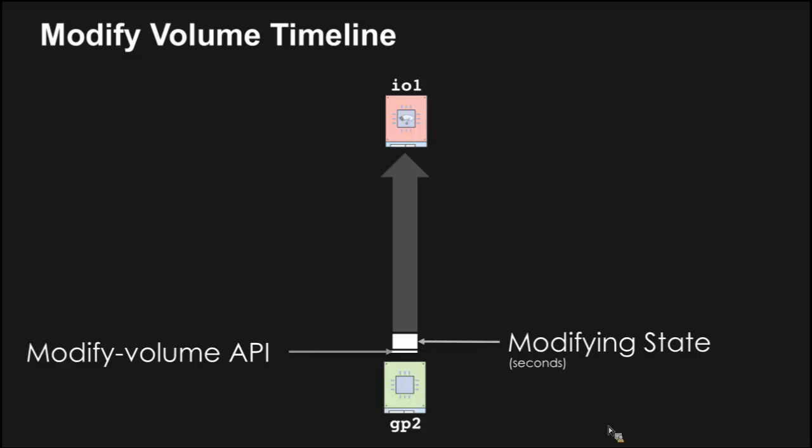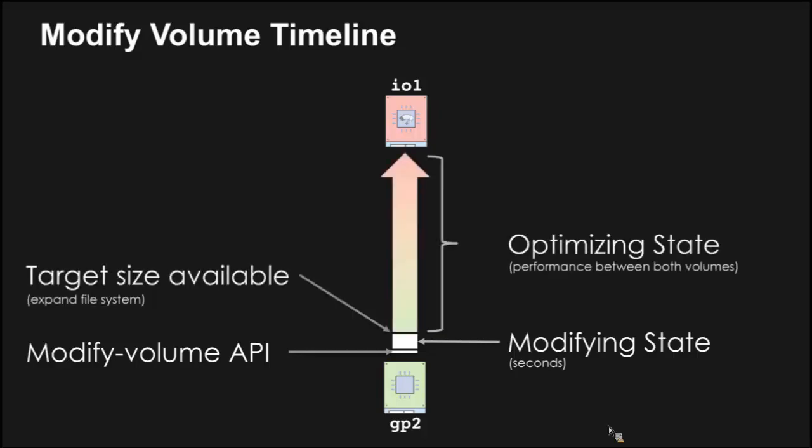So let's go ahead and walk through a typical modify volume timeline. In this case, we're going from a gp2 original volume, and we're modifying it so the target volume will be an io1. First thing we do, we execute the modify volume API call. Takes a second, very, very fast. The modification then goes into the modifying state. And this typically lasts just for a few seconds. When I say few seconds, single-digit seconds.